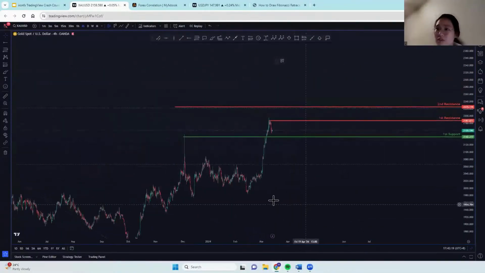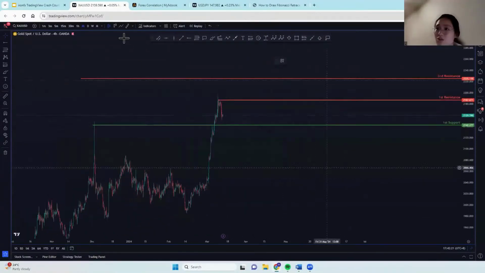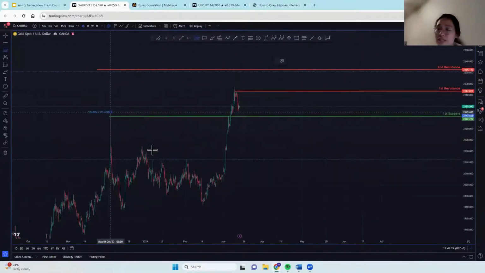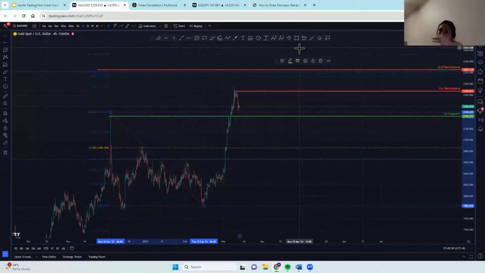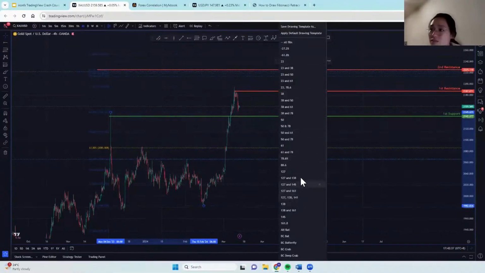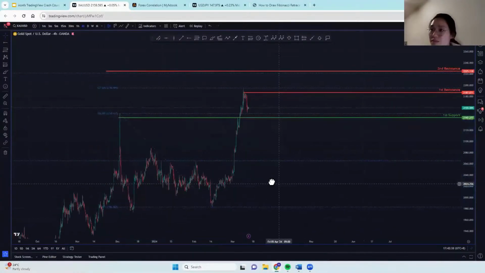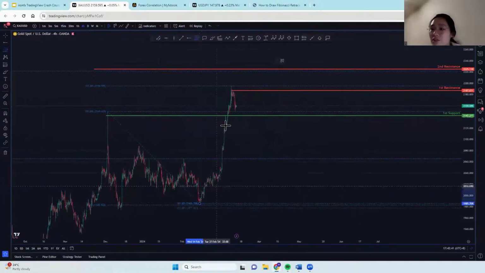Okay, zooming in, I'm gonna use the same technique over here. Okay, you can see the 127.2 lines up nicely with my first resistance. Okay, now I'm gonna look for a retracement.